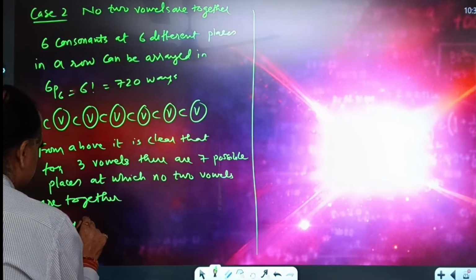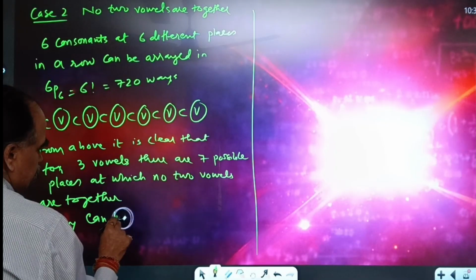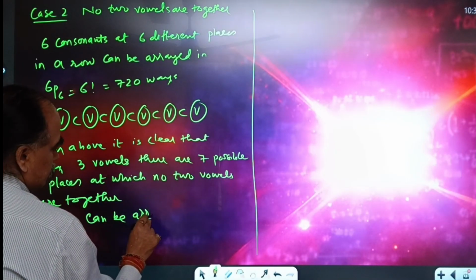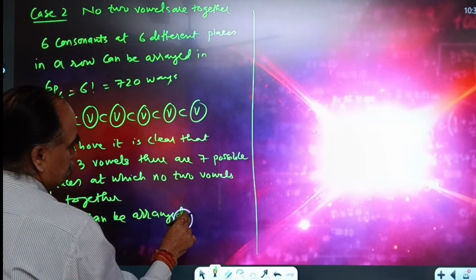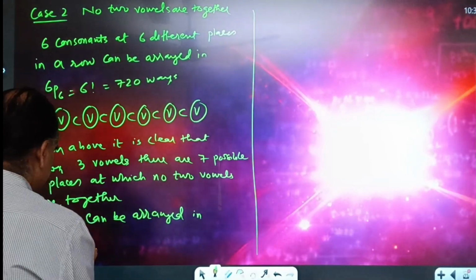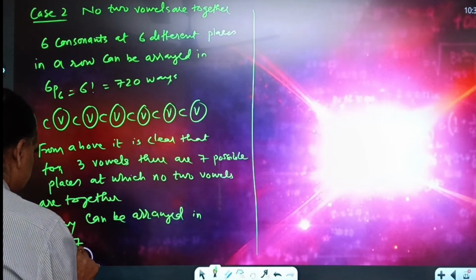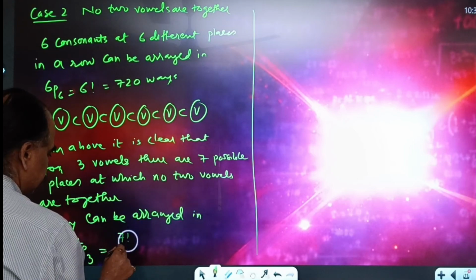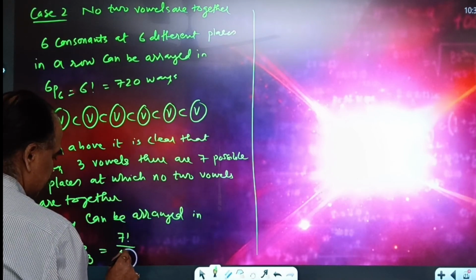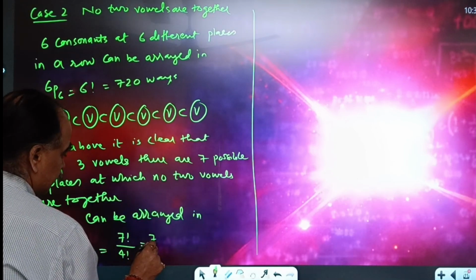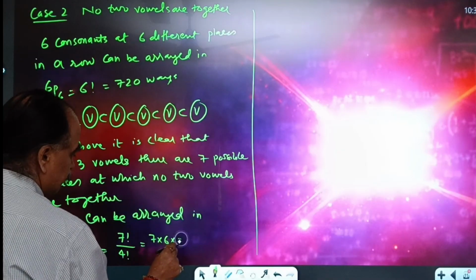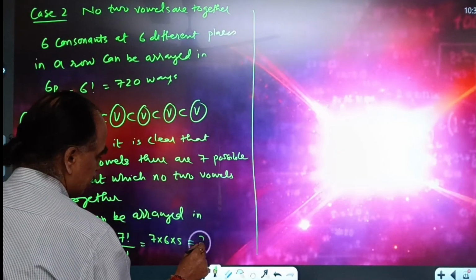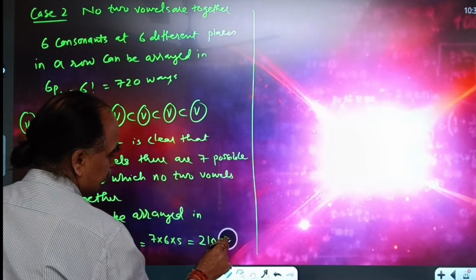They can be arranged in 7P3, 7 factorial upon 7 minus 3, which is 4 factorial, 7 into 6 into 5, 210 ways.